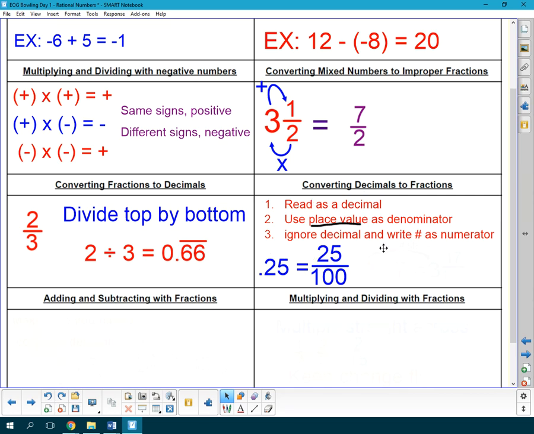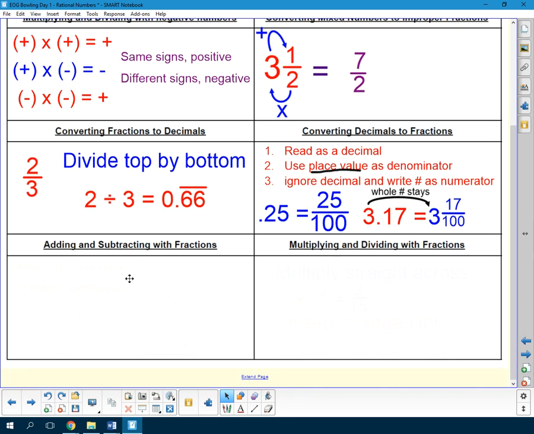So 0.25, 25 hundredths, is the same thing as 25/100. If you had 3.17, you can keep the whole number and then do the same thing. 3.17 is 3 and 17/100ths. That's converting decimals to fractions.